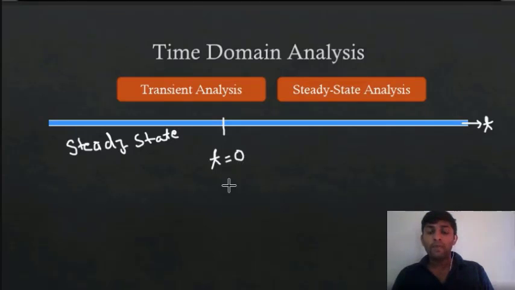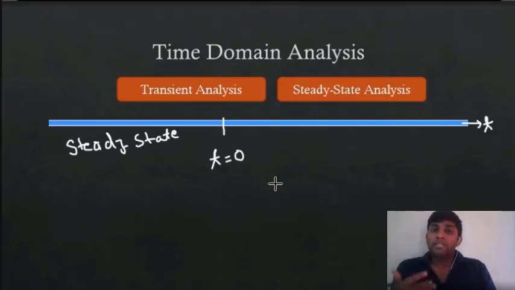And when we make the disturbance or switch it on, your capacitor may start charging or discharging, or similarly your inductor may start charging or discharging. So after this switching, there will be some transient behavior, and that will be known as transient analysis.